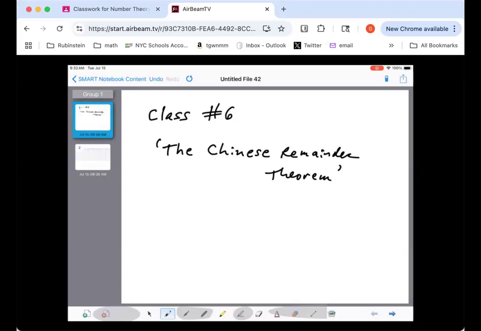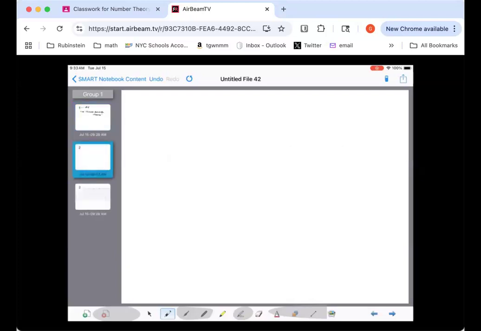Before getting into it, I have a lot of little stuff to do, but I just want to mention what this is. A Chinese remainder theorem problem is a question of this form. Basically, we're looking for a number. They didn't say it this way back in the day, but now that we have terminology and notation, it's easier to state the problems.